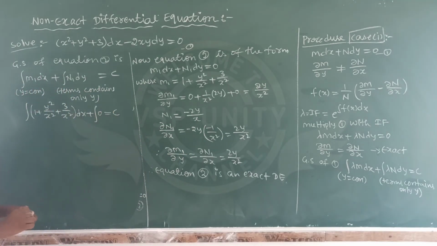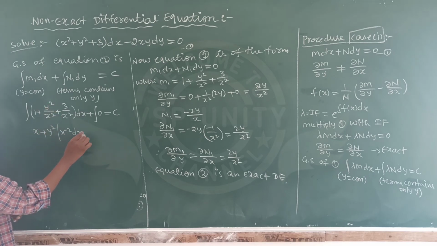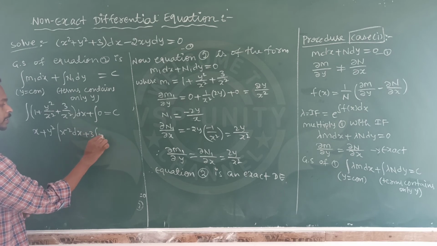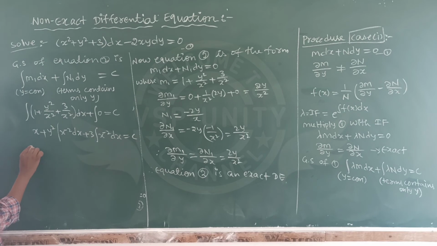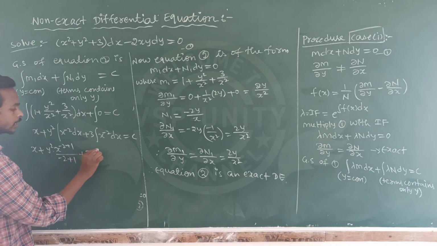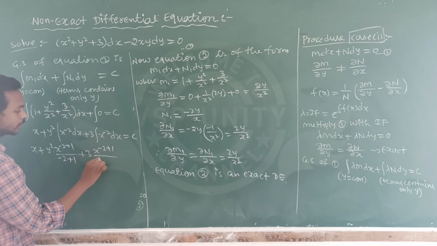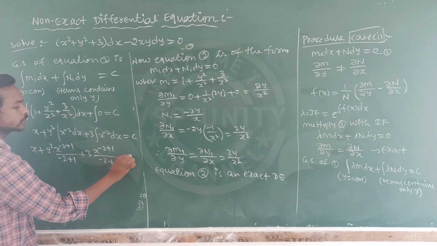Integration of 1 is x, plus y square integration of x power of minus 2 dx, plus 3 integration of x power of minus 2 dx is equal to c. So x plus y square times x power of n plus 1 by n plus 1, plus 3 into x power of n plus 1 by n plus 1 is equal to c.